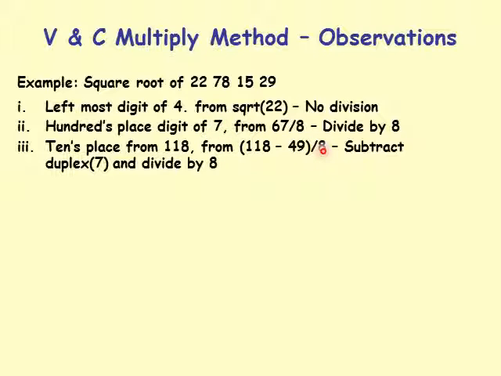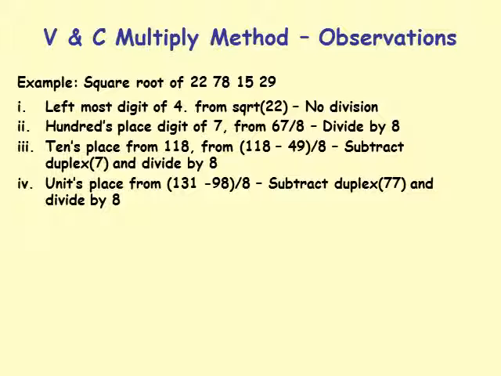We divided by 8, and that means we did subtract duplex of 7, and we divided by 8. So no division here, first step. Second step, there is division only. And third step, we have subtract and division. The units place is from 131 minus 98 divided by 8.